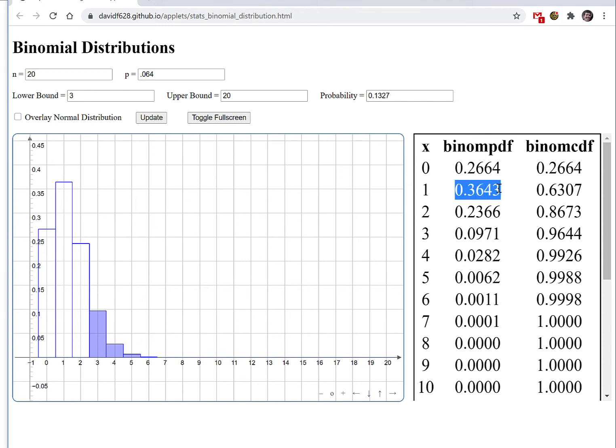The second, if I take 0.2664 and add it to 0.3643, that would give me this value right here. So these are the sums of all the previous binomial PDF values. So if I get the sum up to 2, which would be 0.8673, and take its complement, that would be 0.1327, which is what I'm looking for. That's the shaded region in blue.